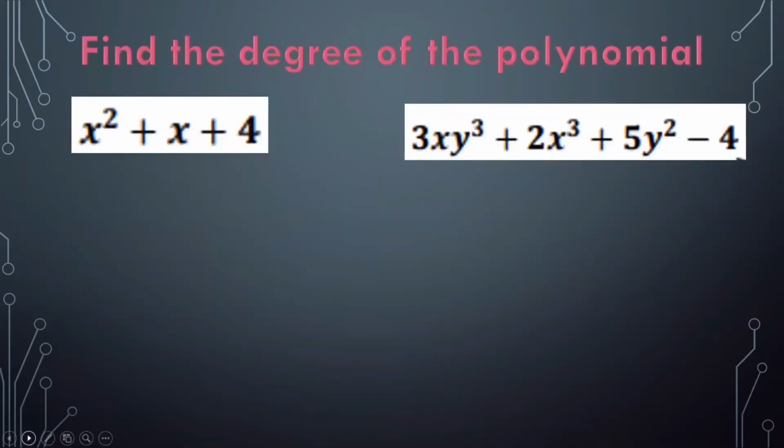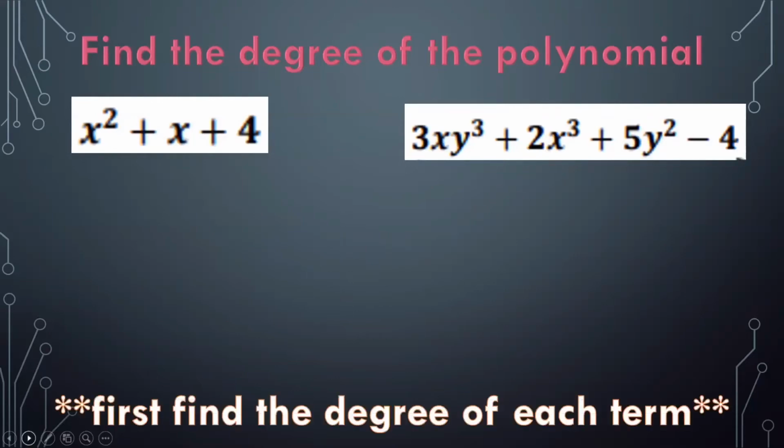Okay, so this is how I find the degree of a polynomial. My first step is to find the degree of each term. Let's go look. Here, the x squared. Remember, we're looking at the exponent of the variable. Well, that's 2. If I look at the x, its exponent is 1.